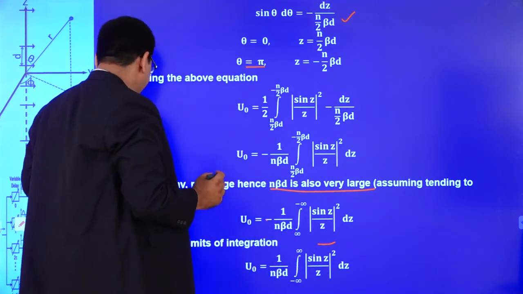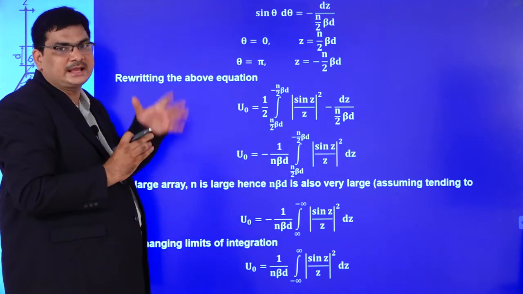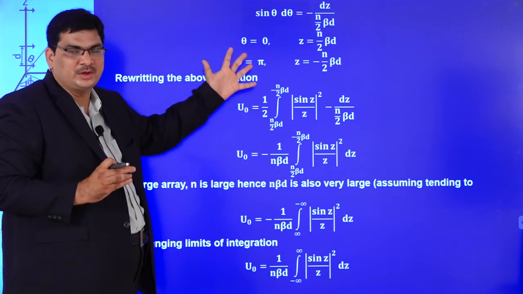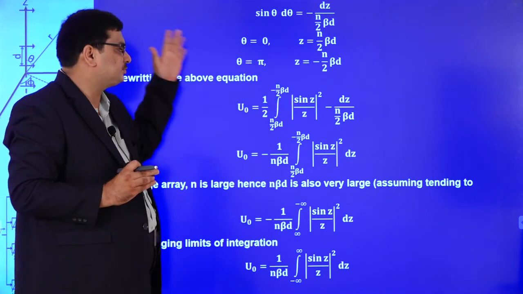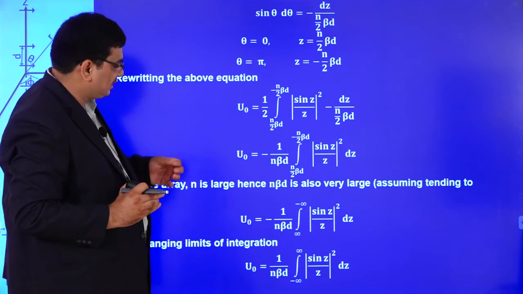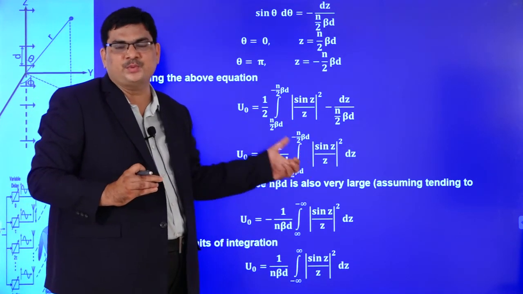So what we are doing here is that all the terms of theta can be converted into z, and we are changing the limit values, substituting the r theta values in terms of z. After that, if the array is very large, then the n β d value is very large.